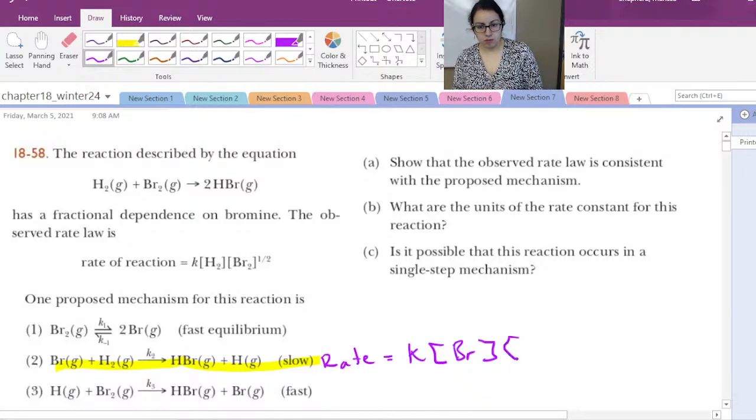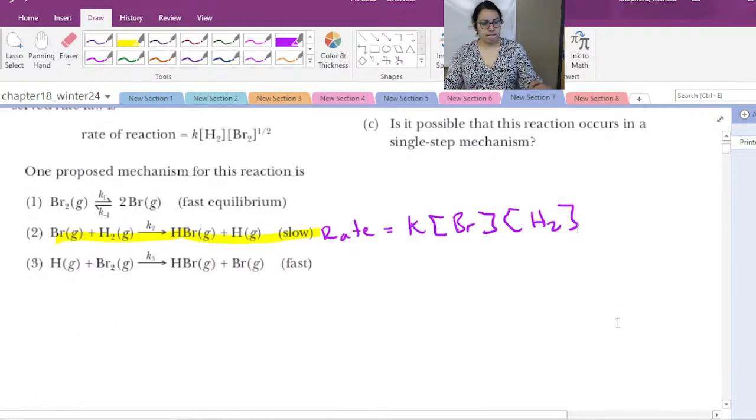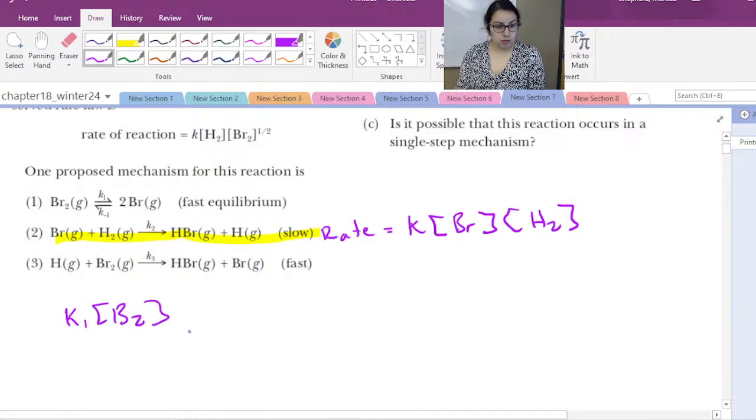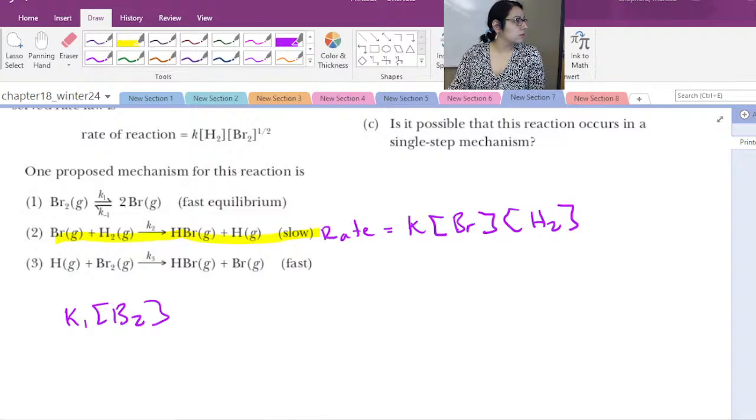So we have to substitute it, and we can use the first rate law, which is for diatomic bromine, equal to, and then we have the coefficient 2 there, which means that this bromine is going to have a square relationship here, and then we can just algebraically square root both sides.